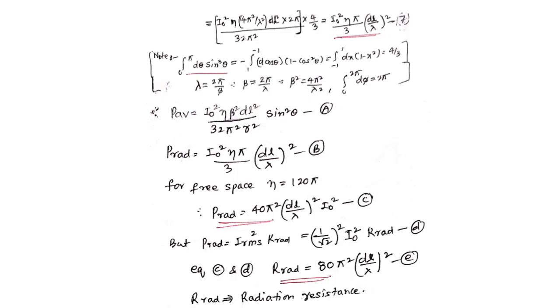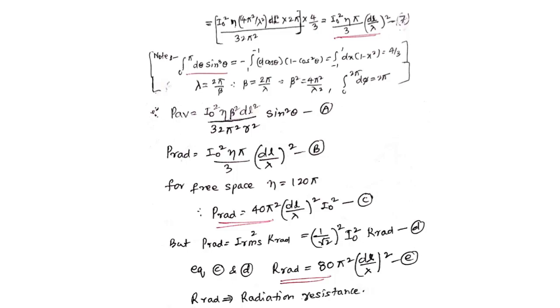We will get P average is equal to I naught square eta beta square dl square divided by 32 pi square r square into sin square theta, that is equation A, and P radiated is equal to I naught square eta pi divided by 3 into dl by lambda whole square, that is equation number B.